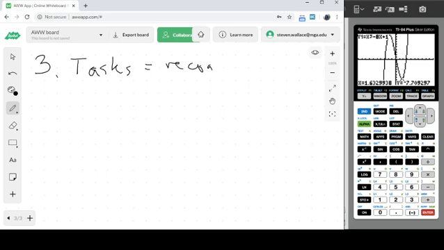Recognize when something is a polynomial and not. And what else?